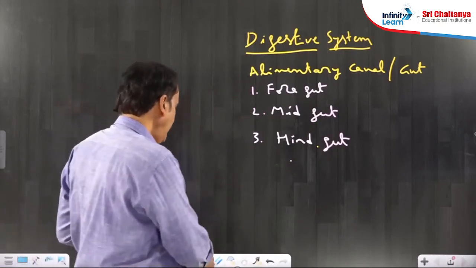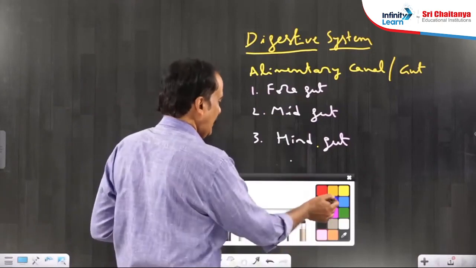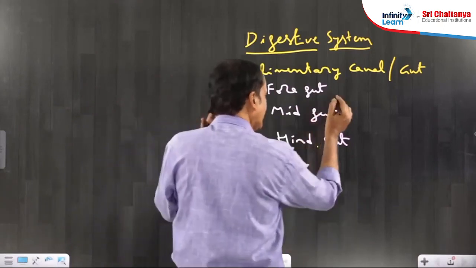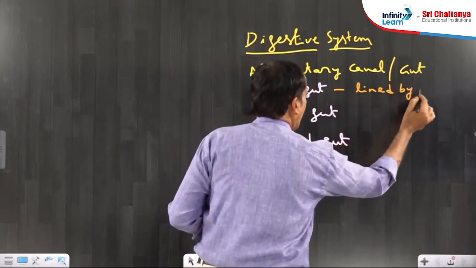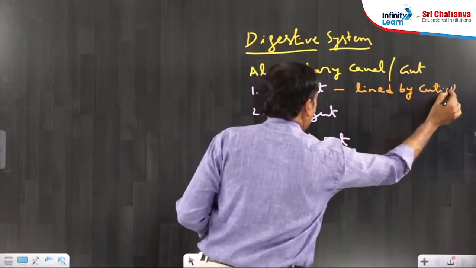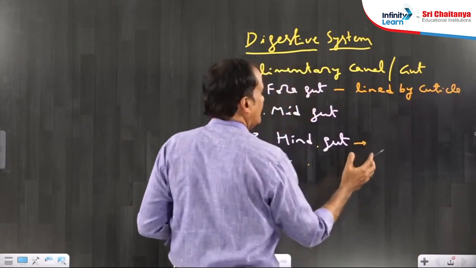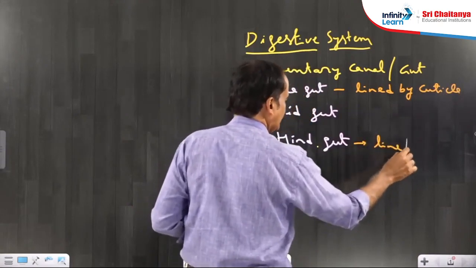Foregut and hindgut, these two are lined by cuticle on the inner layer.